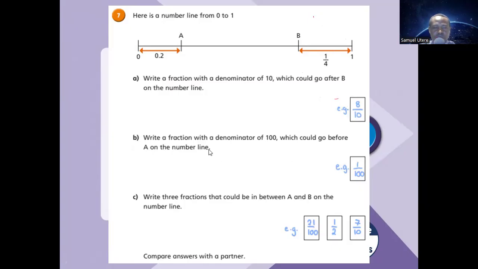And then write a fraction with a denominator of 100 that could go before A. That would be 1 hundredth. Remember, 0.2 is 2 tenths or 20 hundredths. So if this is 20 hundredths, we can have halfway here. We can split this into 2 more parts. So let me write.